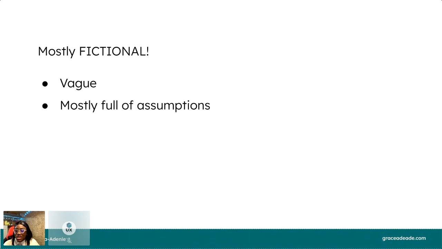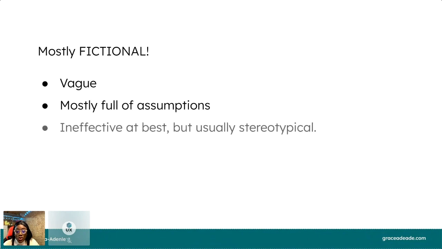Again, you see this in the example I'm going to show shortly. We have a lot of assumptions. Also, they are ineffective at best, but usually stereotypical. Like the example of my own personal example as a diabetic, I realized that the personas I found out there were mostly stereotypical.